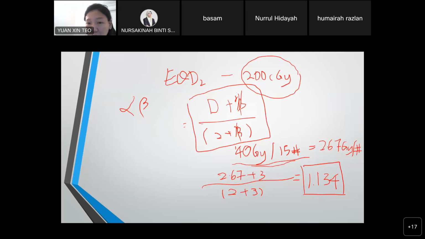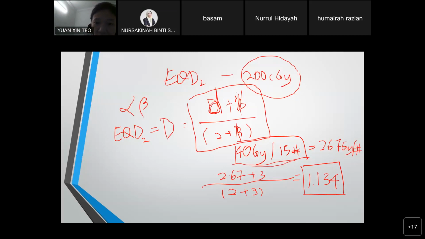How do we get the equivalent dose? The equivalent dose equals the dose, where capital D is the total dose and small d is the dose per fraction, times the factor. For this 40 gray in 15 fractions, we multiply 1.134 by 40 gray.